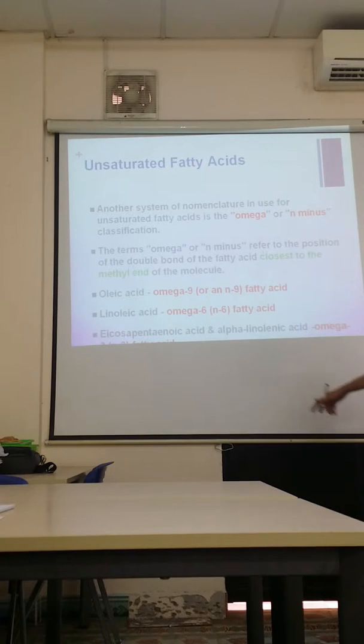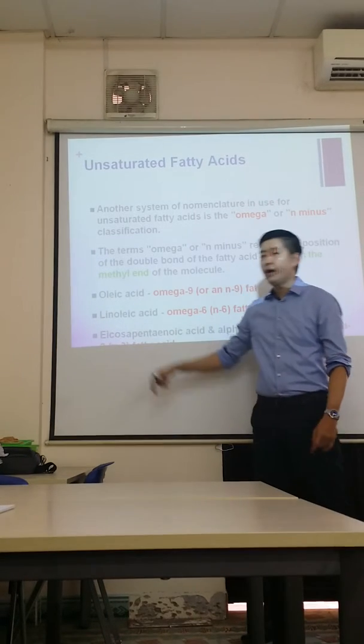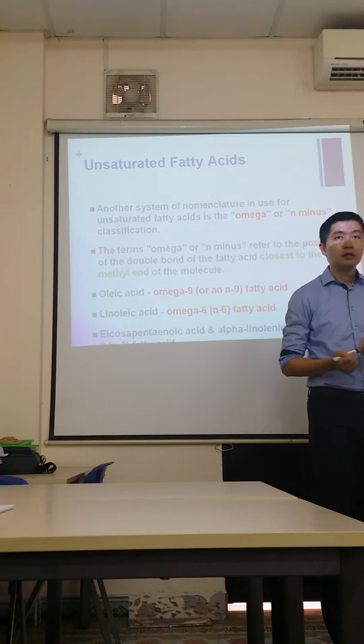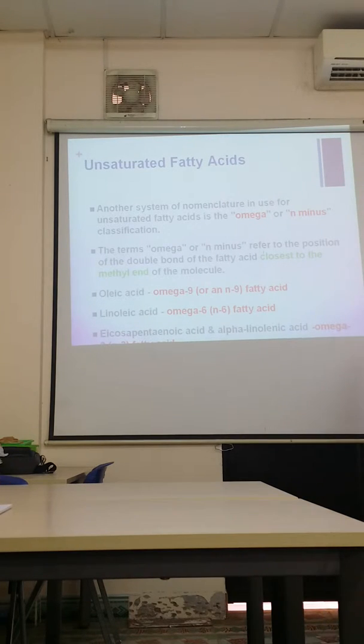We also have, it's not here, N3 in your notes. We also have N3, linolenic acid. Okay, three double bonds. The first one appears at number 3, so it is an omega 3.